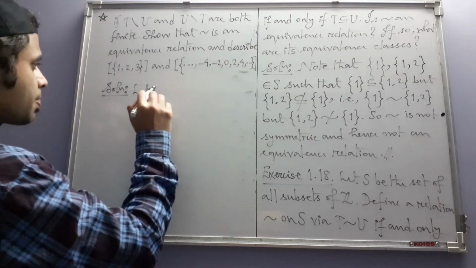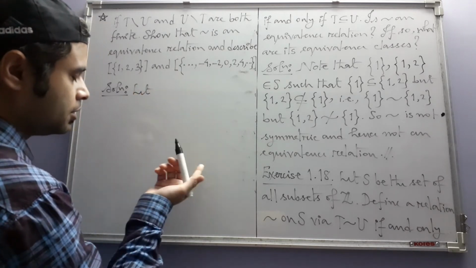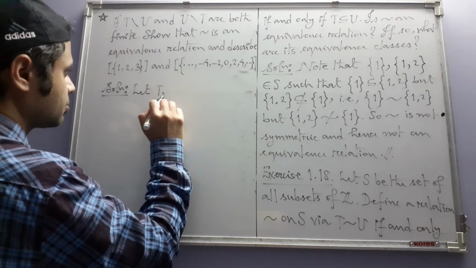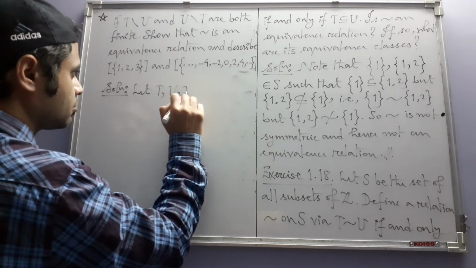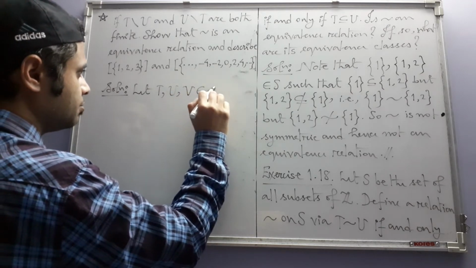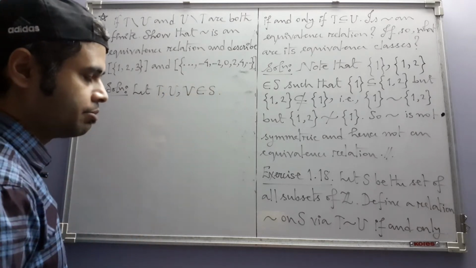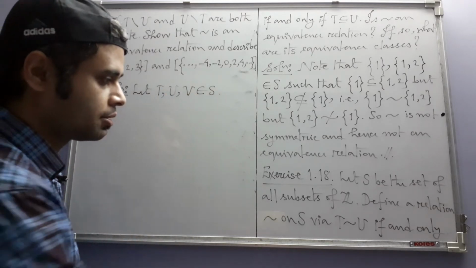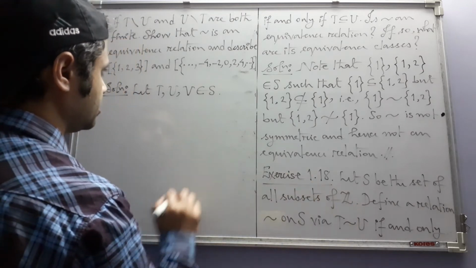Let T, U and V be three elements in S. That means each one of them is some subset of the set of integers.